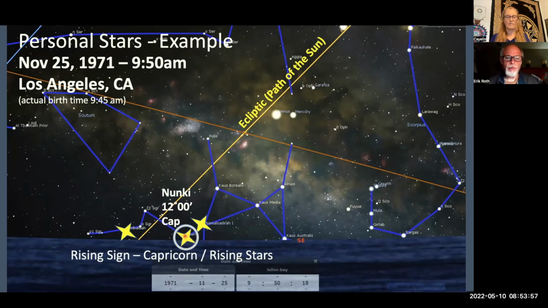And that was a star that was rising at the time that I was born. That's about 12 degrees Capricorn, the sign of Capricorn in the Archer constellation. So we see that constellation rising, but we see the sign there. And that is in the form of astrology that we work with, shamanic astrology.